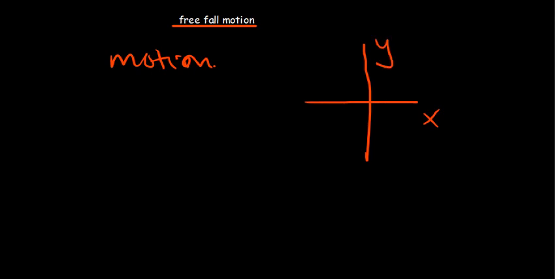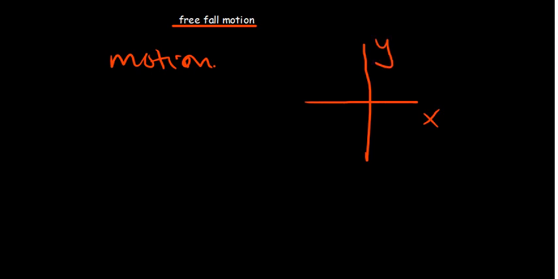First of all, we need to understand that we have been doing the equations of motion. So here we are talking about motion. We need to understand that we have the x and the y direction.